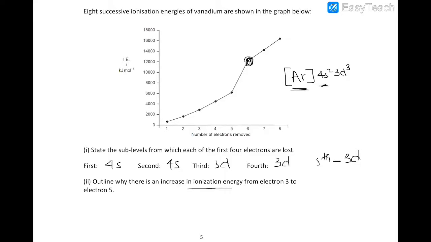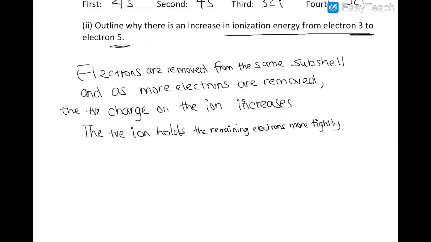Why is there an increase in ionization energy from electron 3 to electron 5? From electron 3 to electron 5, the electrons are being removed from the same subshell, the 3d. But what is happening is that the charge on the ion is increasing. So electrons being removed from the same subshell but with increasing charge means that there's going to be more electrostatic attraction, and it's going to become harder to remove an electron from that charged particle.